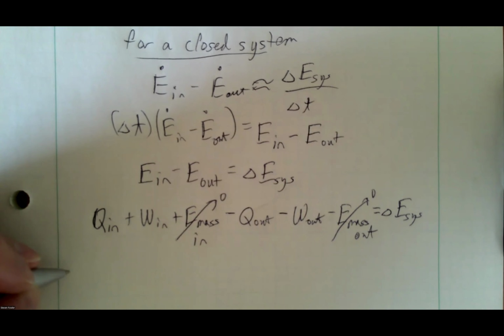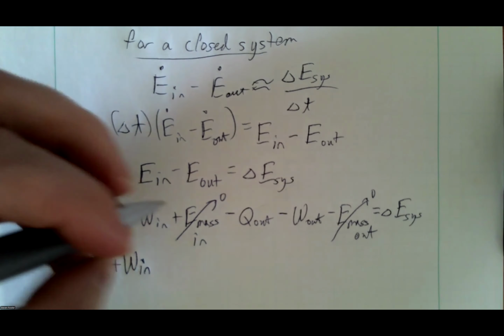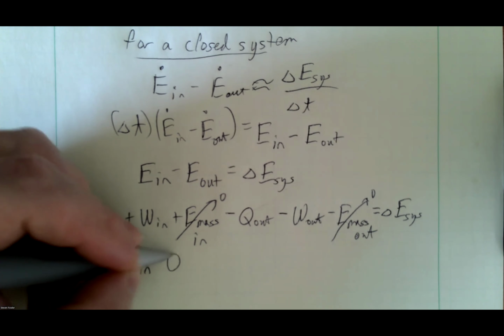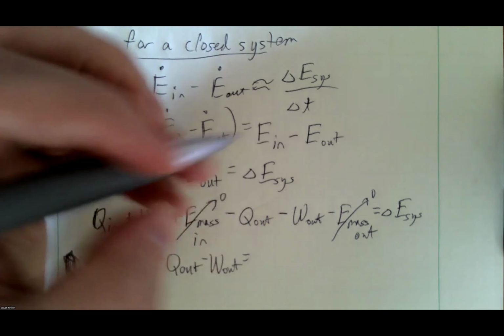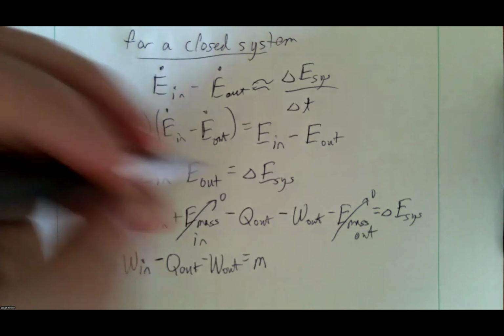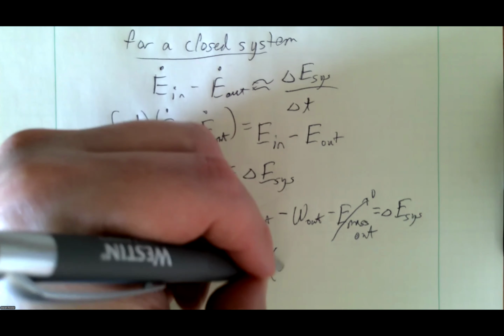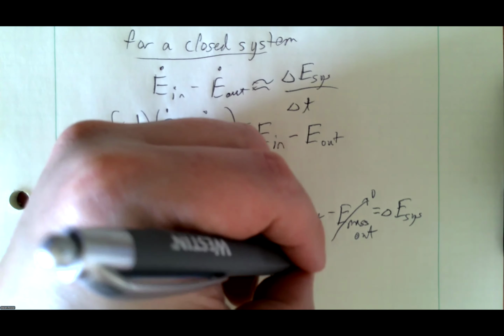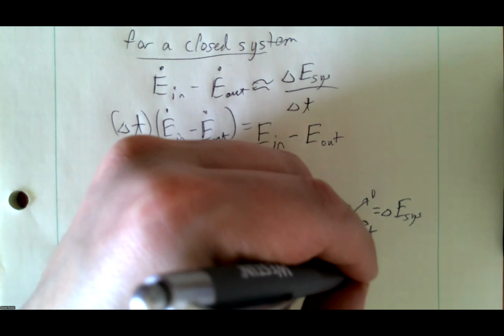So that's only going to leave Q and W: the heat in plus the work in, minus heat out, minus work out. And that's going to equal the change in the energy of my system. It's a closed system, so the mass is going to be constant. And there are three types of energy in my system that can change: internal, kinetic, and potential.